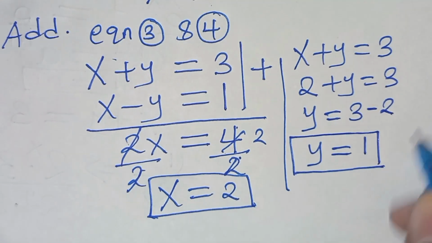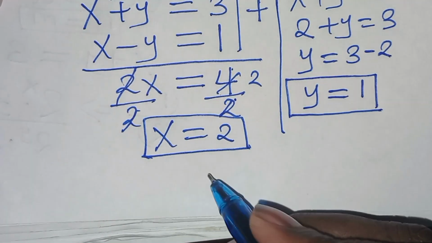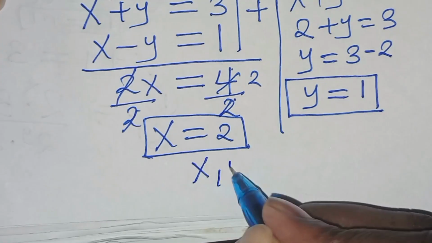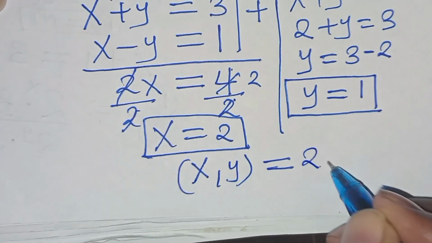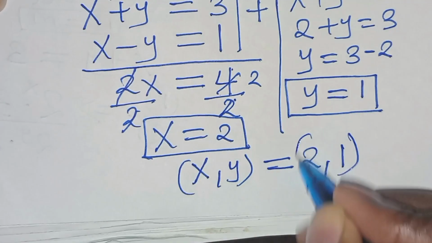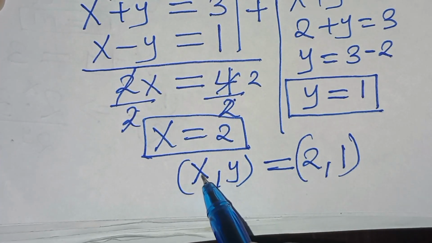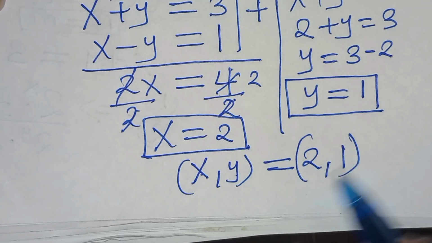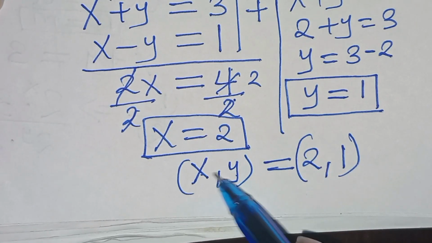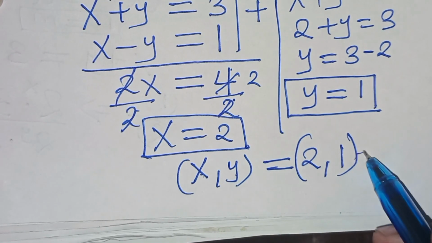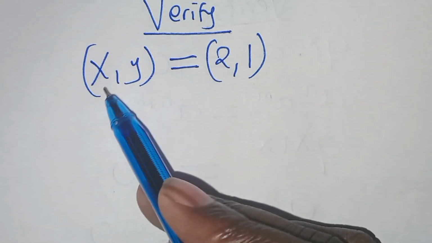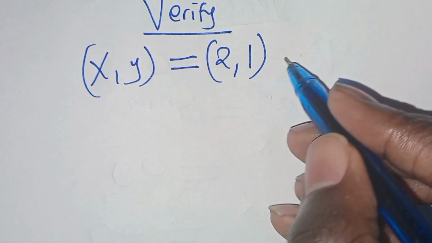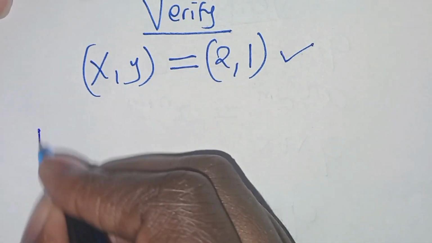So we have 2, that is the value of x, and x, y is equal to 2 and 1. So this is the value of x and y. So let's verify that these values of x and y, which are 2 and 1, satisfy the equation.